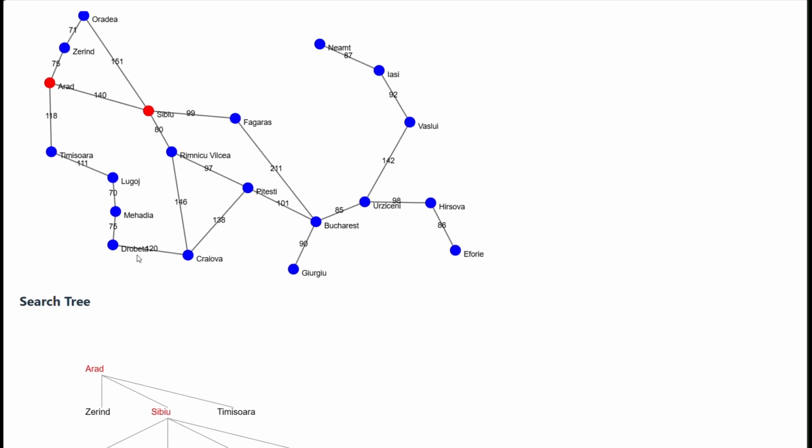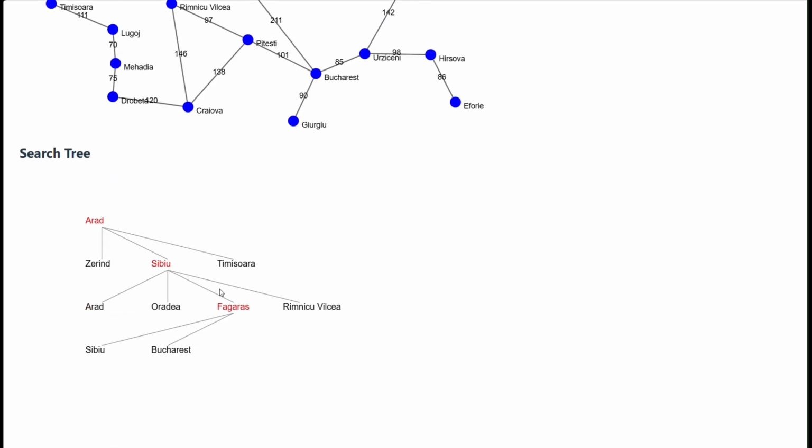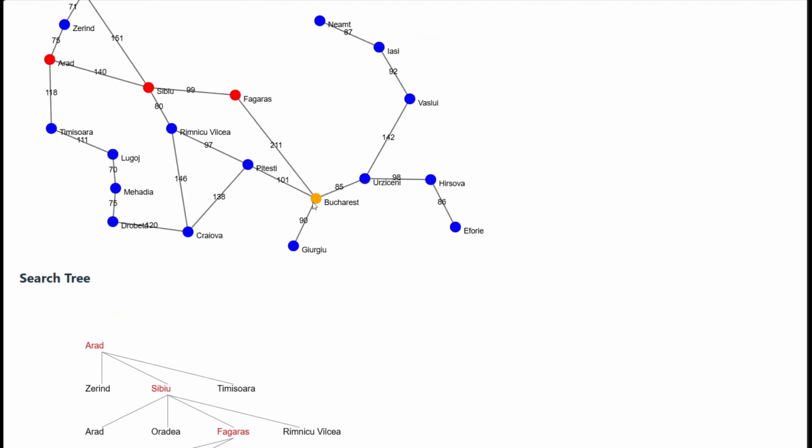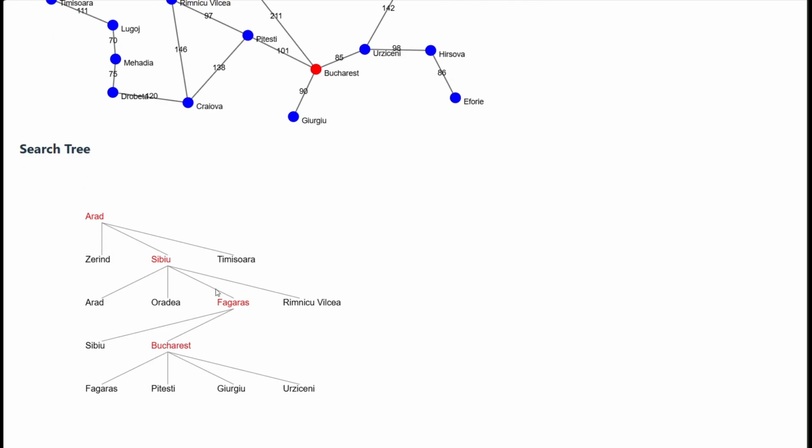So let's continue our path to Bucharest. Let's say we decided to go to Făgăraș as the next state, and then Bucharest. So we can see that the tree has expanded to 4 different levels right here. When we have reached Bucharest, we want to know how we get from Arad to Bucharest.